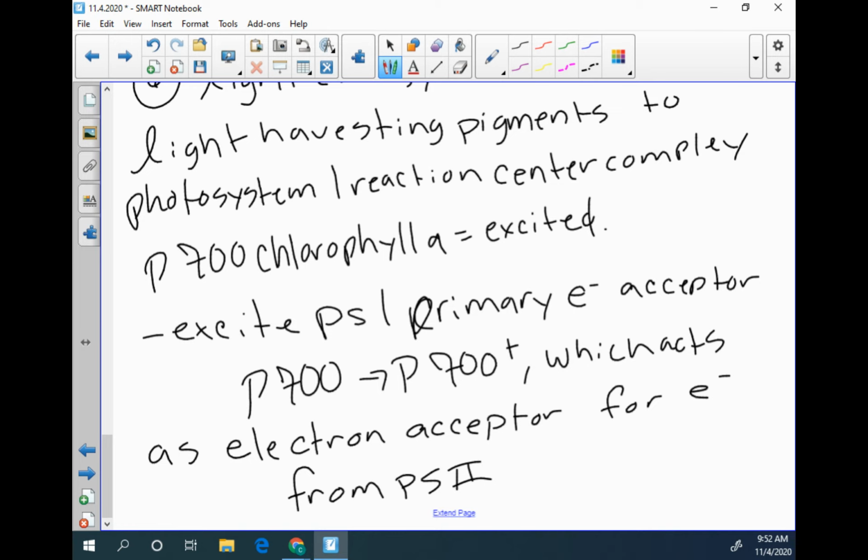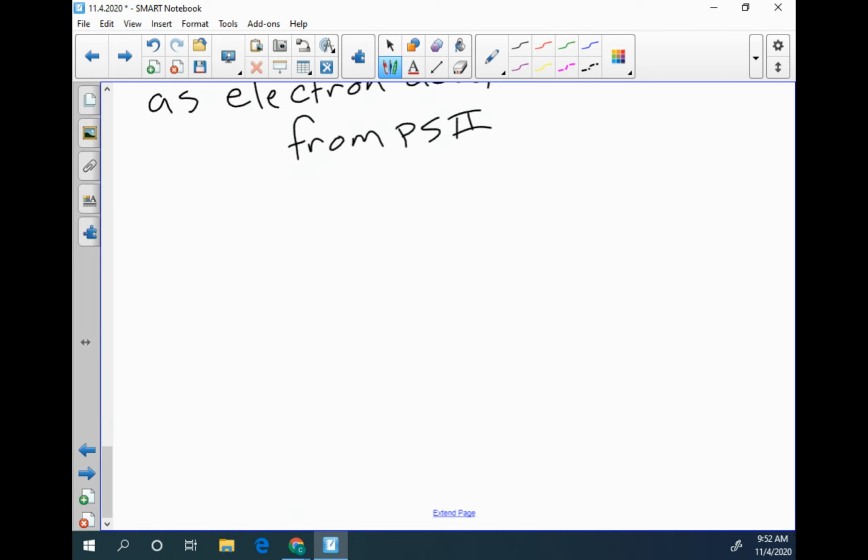Step 7, we're almost there. Our photoexcited electrons are passed via redox reactions from that primary electron acceptor in photosystem 1 down a second electron transport chain through a protein called ferredoxin.